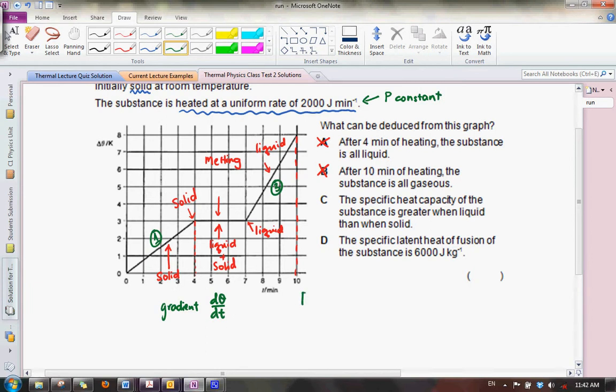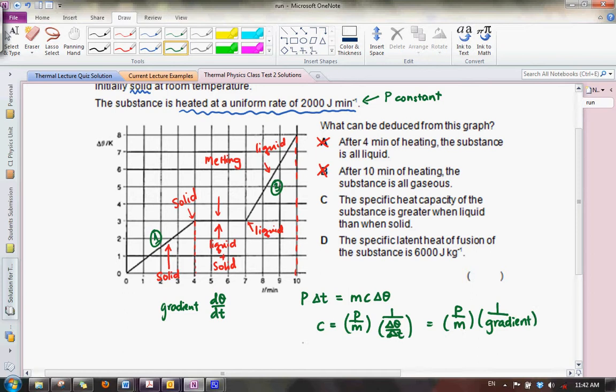So there is some power supplied over a particular interval of time, and that will cause the substance in both stages to increase in temperature. So we can see that C can be manipulated. Let us put all the constants together and write P over M, and that is equal to C times delta theta over delta T. And of course, for very small changes, we can also write that as C over gradient.